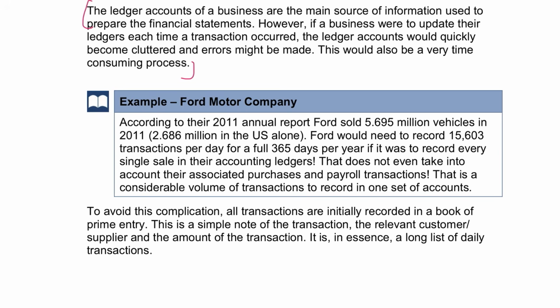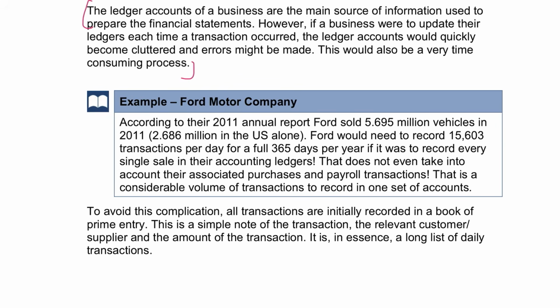Now let's have an example here. As you can see, Ford Motor Company, according to their 2011 annual report, sold 5,695 million vehicles in 2011, 2,686 million in the US alone, right?